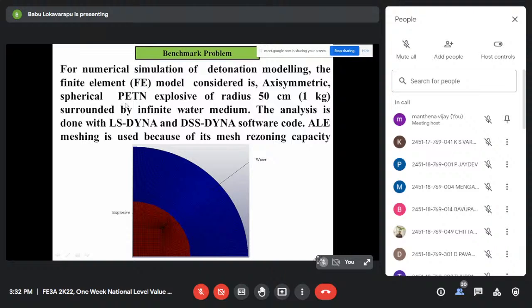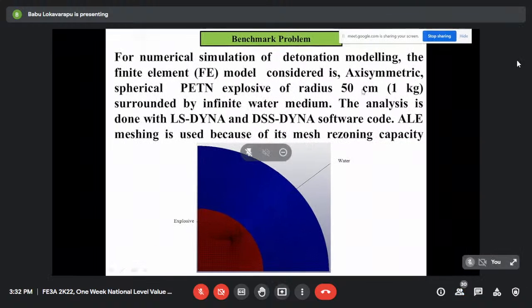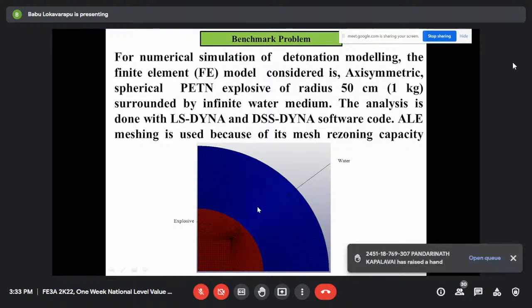First we have taken a PETN explosion of radius 50 centimeter. This red color, this entire radius, is 50 centimeter, and it is 1 kg, because 1 kg releases a huge amount of energy, surrounded by an infinite water medium. When you assume that, compared to these surroundings, you need to assume it is infinite. You can't keep a limit for this infinite medium.